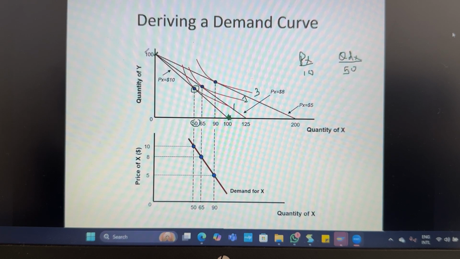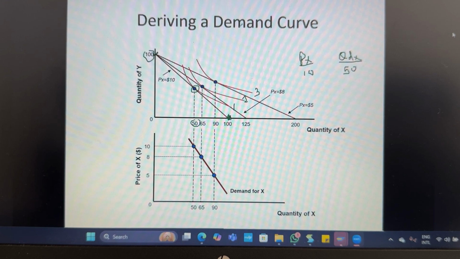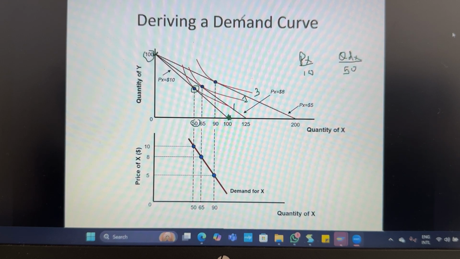Now you transfer this price and quantity combination to the bottom figure. You bring the price here, and this 50 you can transfer to the bottom graph. So this is one point of the demand curve.